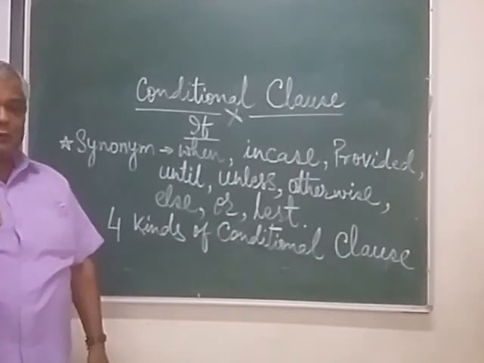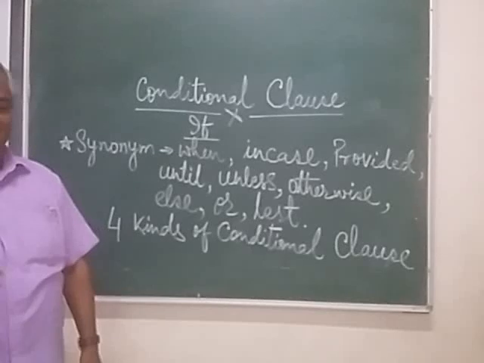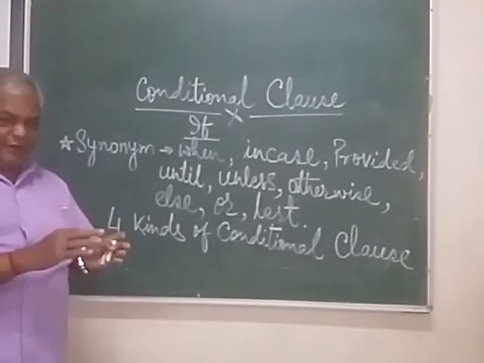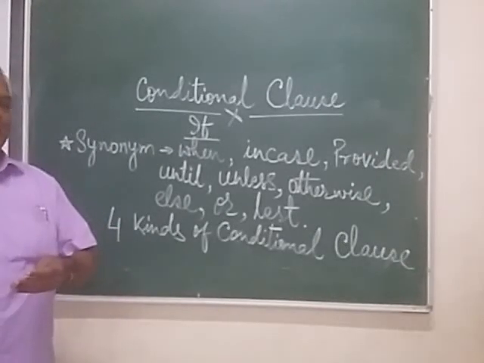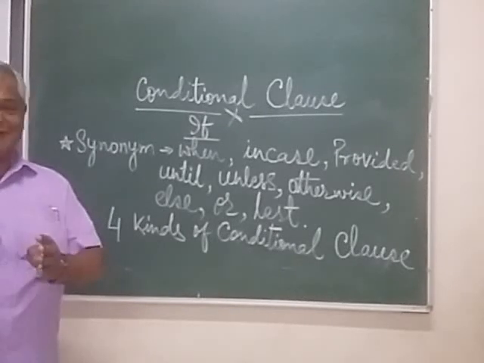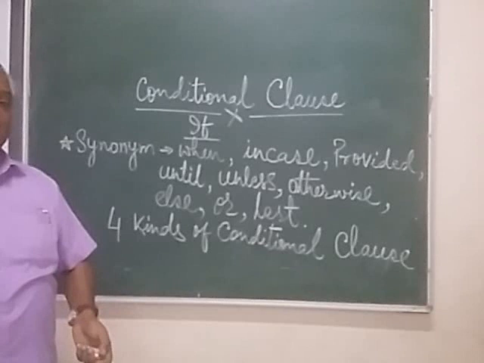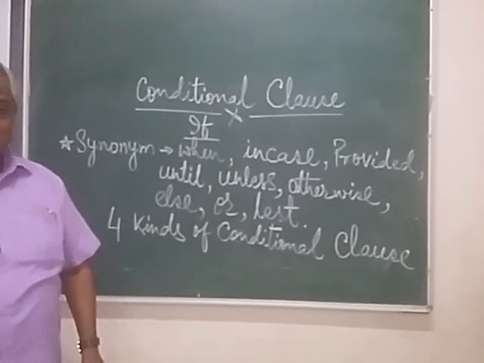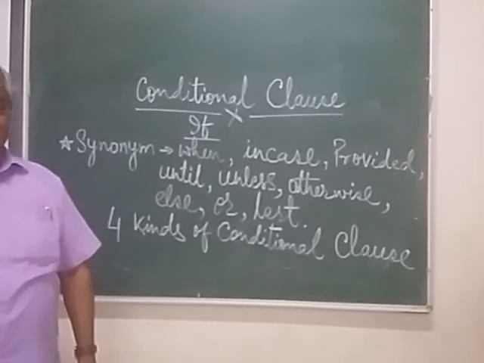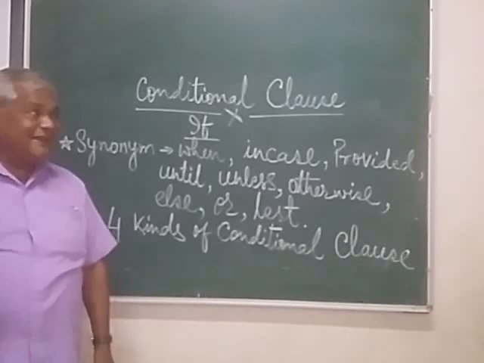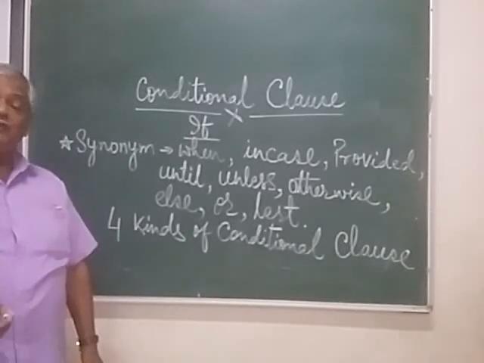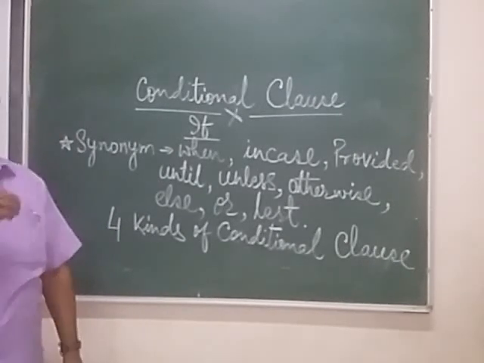So we have to put a condition, like if you give me the book, I shall give you a copy. The condition is that unless you give the book, I will not give you the copy. So you can say conditional clause or conditional sentences.